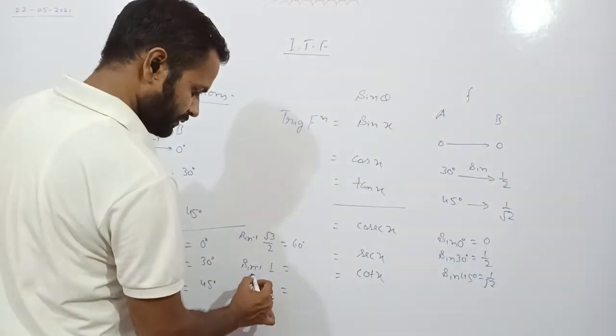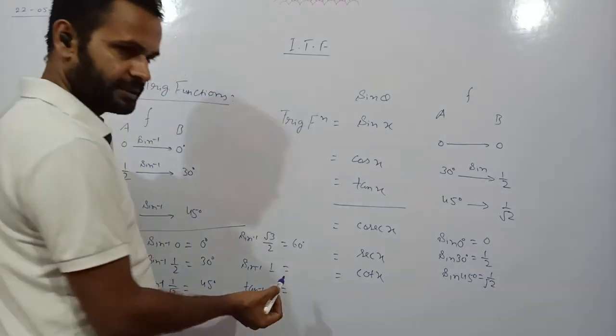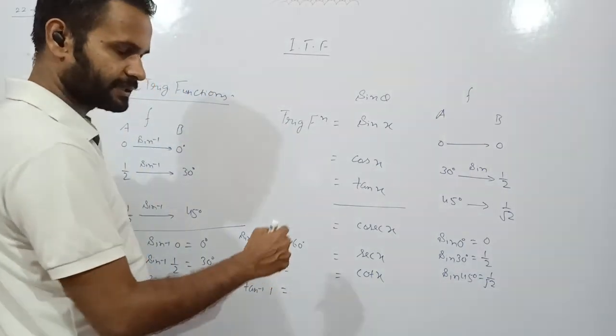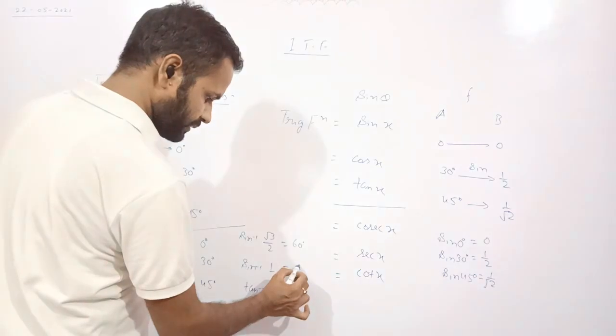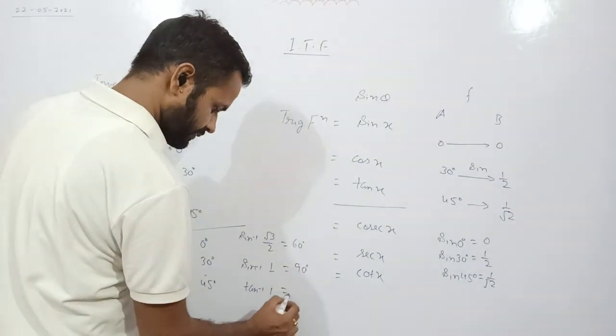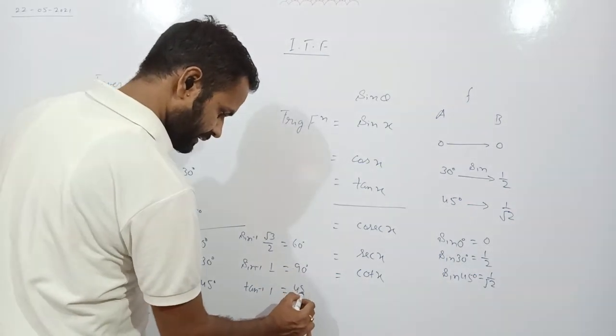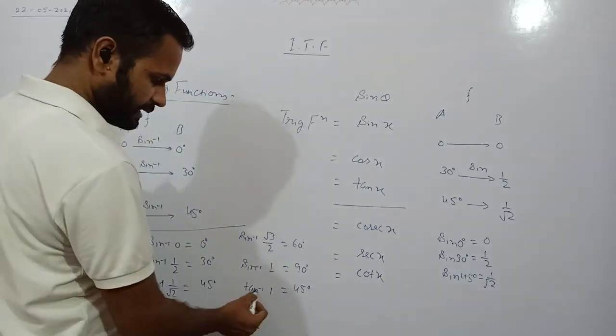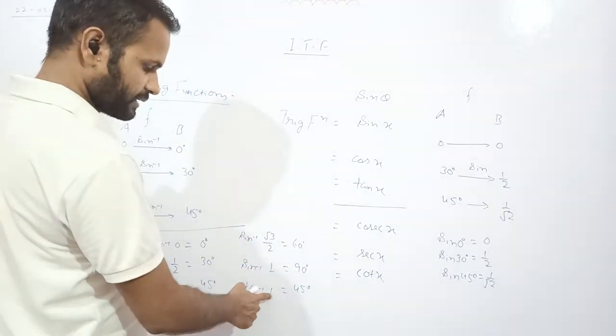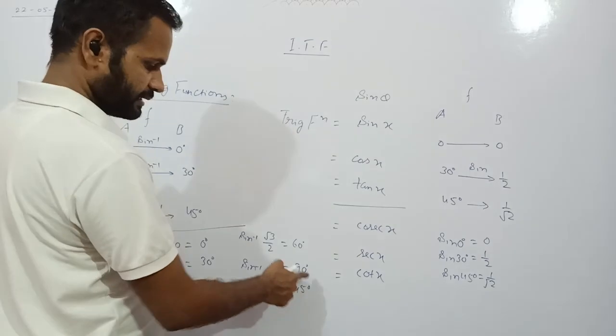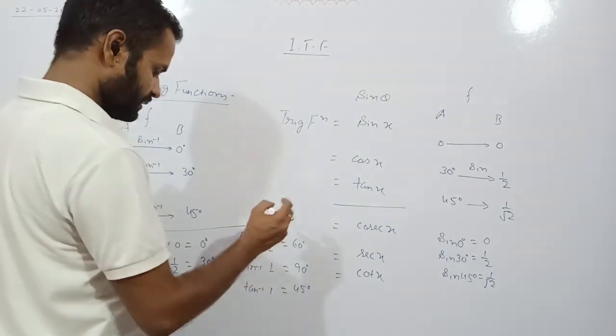Okay, for which angle its sine theta will be 1? So when we take 90 degree, it is 1. When we take 45 degree, its tan theta equals to 1. That's why tan inverse 1 equals to 45 degree, sine inverse of 1 equals to 90 degree.